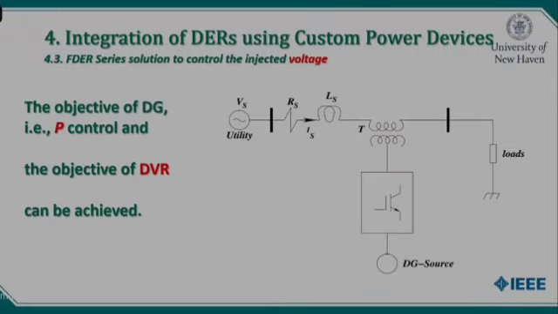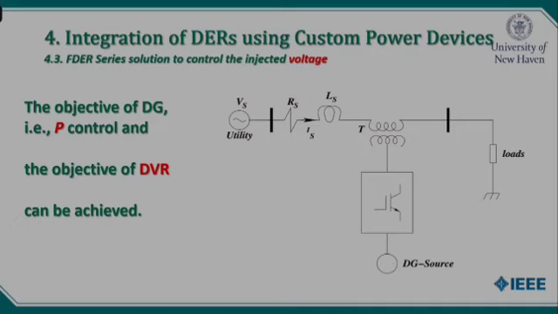In this slide, you can see we have another solution, known as FDER series solution, to control injected voltage. Again, on the right side of this slide, you can see we have the same topology as the DVR, but in this case, instead of using a capacitor, I'm using a DG source connected to the DC link in order to provide active power.